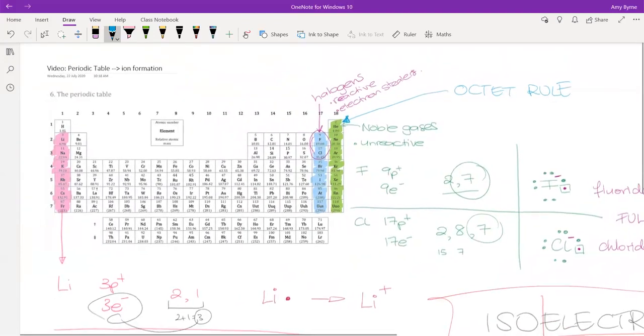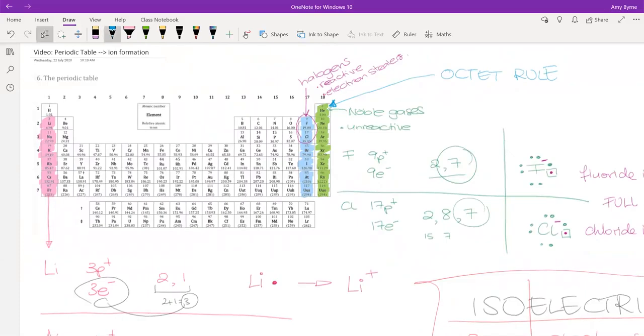So, hopefully you can see that the elements on the left-hand side of the table are going to want to lose electrons, and these guys on the right-hand side of the table are going to want to gain. And I know I circled my noble gases in there, but I couldn't be bothered trying to draw around them.